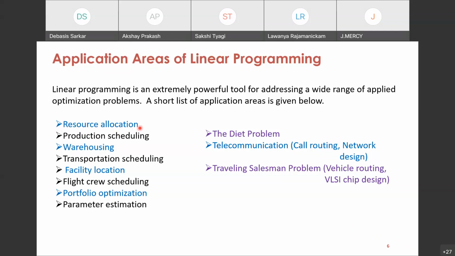Allocation of resources, production scheduling, warehousing, transportation scheduling, facility location, flight crew scheduling. This is an important activity for all these aircraft. Similarly, for crew members of even other transportation systems, portfolio optimization, parameter estimation, diet problem.